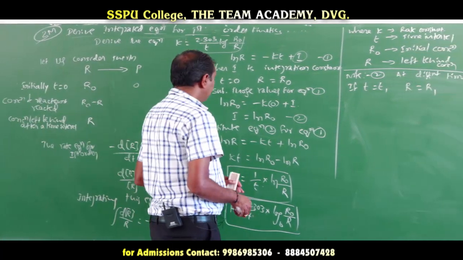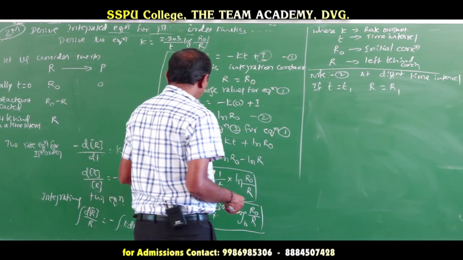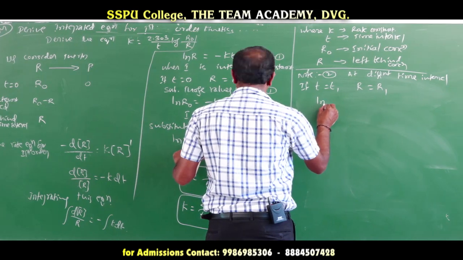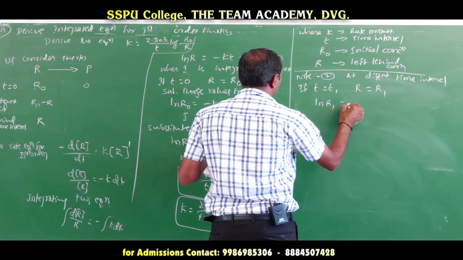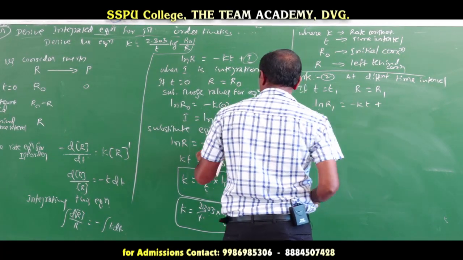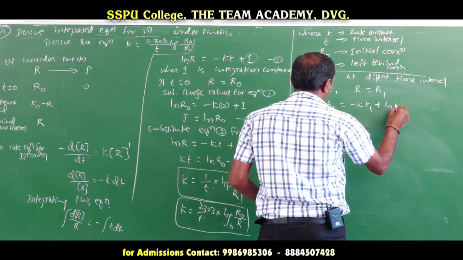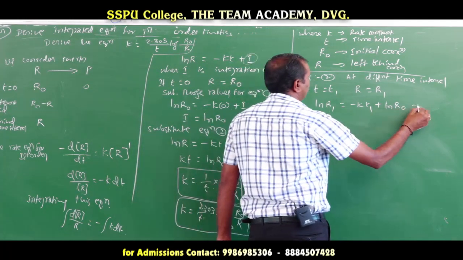Then that equation we may write as ln R1 equals minus K T1 plus ln R naught. Okay, this is equation one.